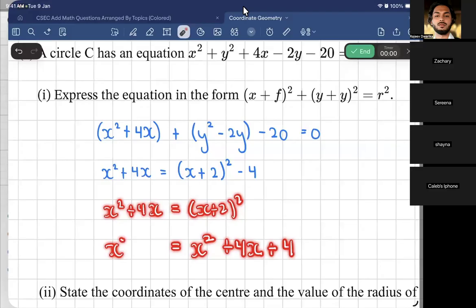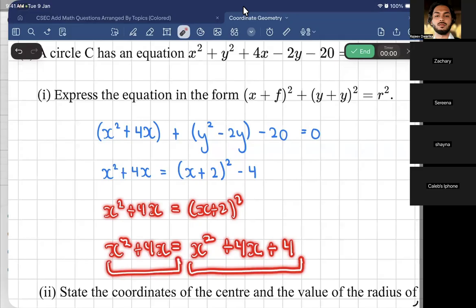What was on the left-hand side? x squared plus 4x. So what shouldn't be over there? What would you do to get rid of plus 4? Minus 4. Yeah, that's why they have the minus 4 over there.